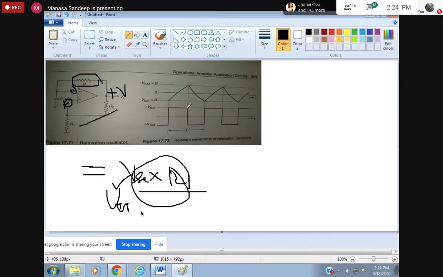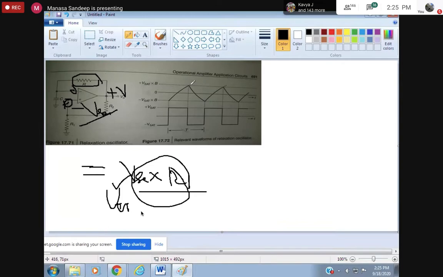Because the output went to minus V saturation, this automatically becomes minus V saturation into R1 divided by R1 plus R2. So what happens to the capacitor?